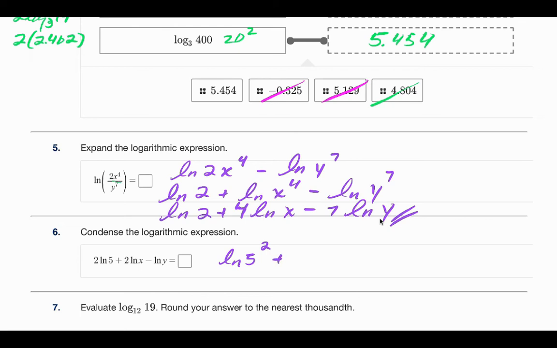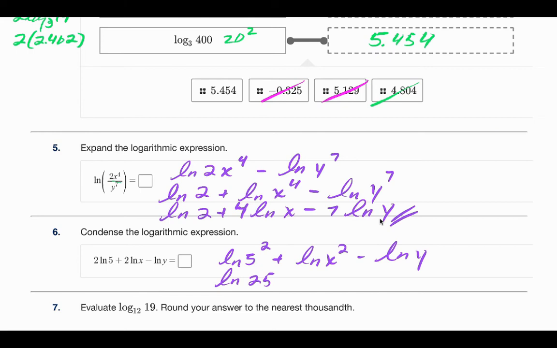The same with this 2 with the natural log of x. So I'm going to put that one up, and then I'll have minus the natural log of y. Okay, now remember, your book likes you to say if you have 5 squared, you can write that as 25. So this one here I can write now as ln of 25.